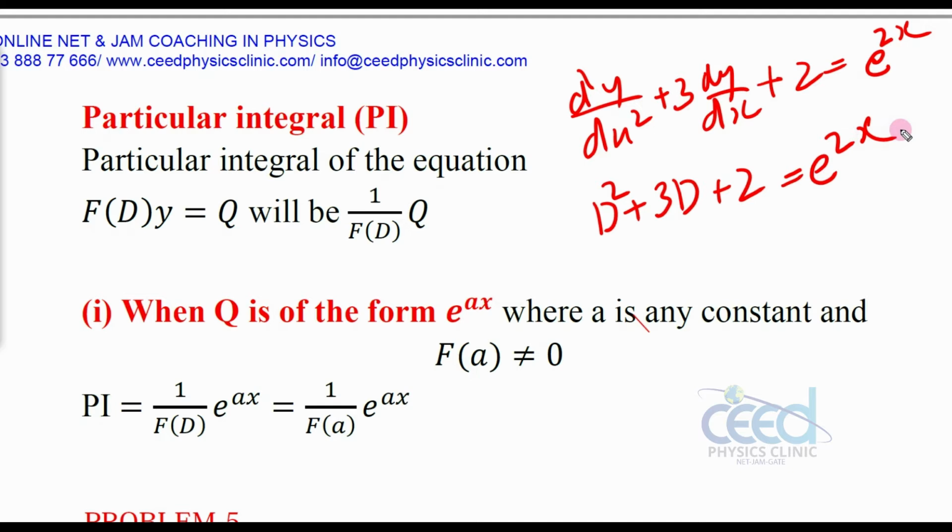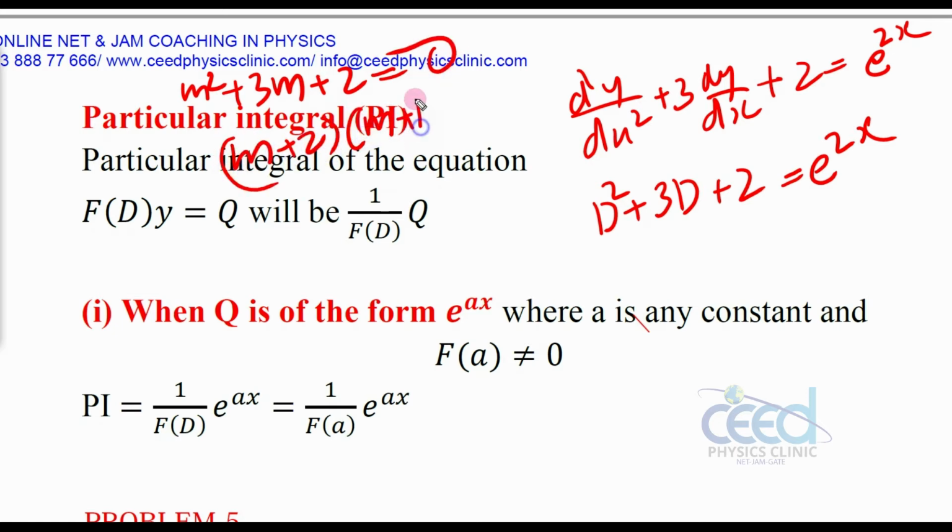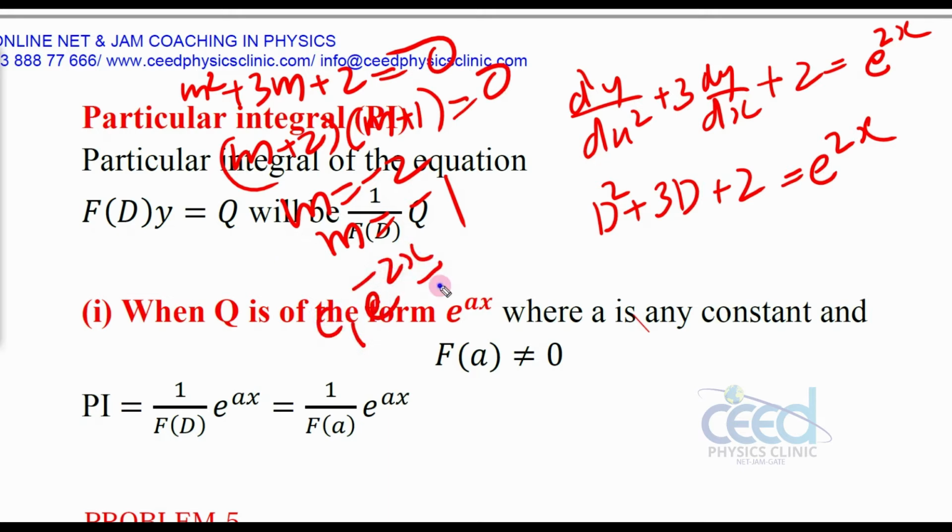Before coming to this problem, first you have to solve the auxiliary equation as usual, as we have done in the previous class, that is m² + 3m + 2 = 0. When I solve this, I get (m + 2)(m + 1) = 0, that is m = -2 and m = -1. So our solution is c1 e^(-2x) + c2 e^(-x). This is the complementary function.